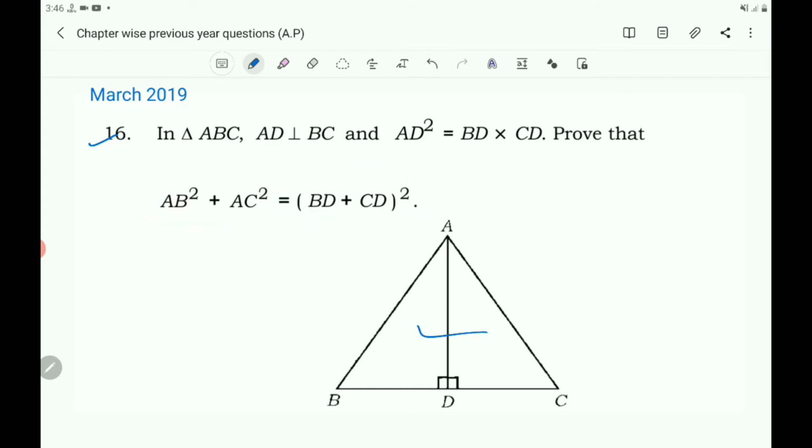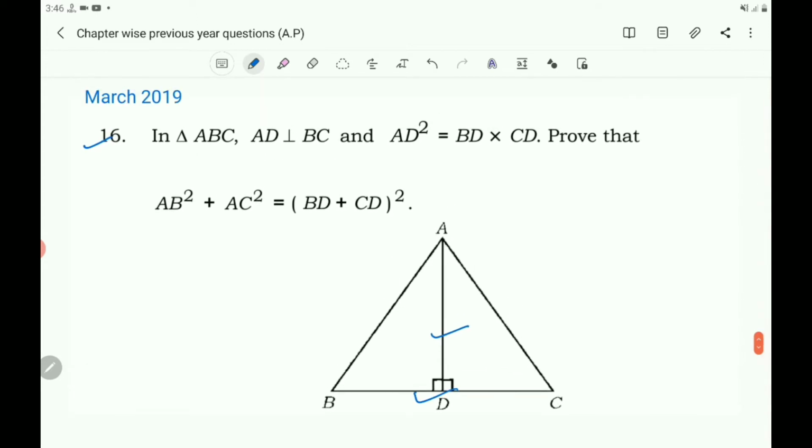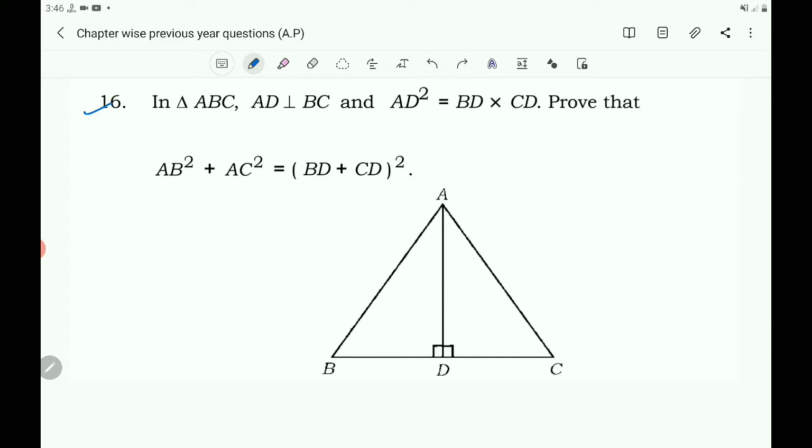In triangle ABC, AD is perpendicular to BC and AD square is equals to BD into CD. And what we have to prove? We have to prove that AB square plus AC square is equals to BD plus DC whole square.